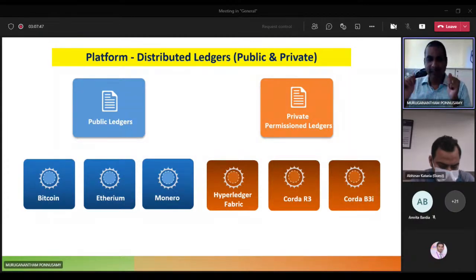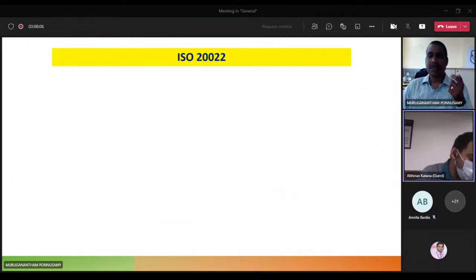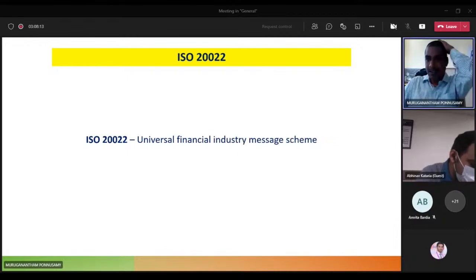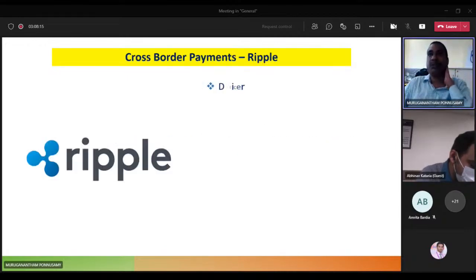Some examples given here: for public, Bitcoin, Ethereum, Monero are the best public ledgers. If you are considering private, we can think of Hyperledger Fabric, Corda R3, or Corda BPI. Many more are coming or available. Then comes this ISO 22222.